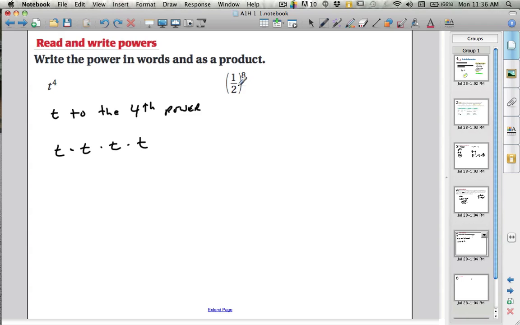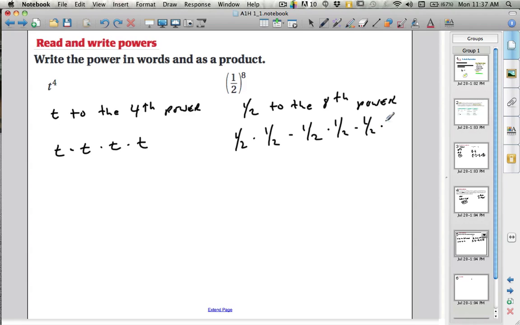Here I would have 8 1/2s multiplied together. So this would be 1/2 to the 8th power if I wanted to write it in words. And that would be 1/2 times 1/2 times 1/2 times 1/2 times 1/2 times 1/2. 1, 2, 3, 4, 5, 6.